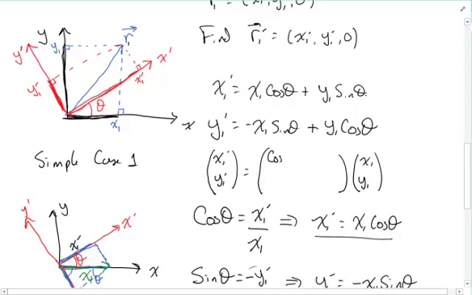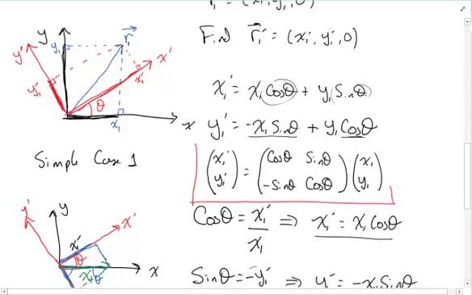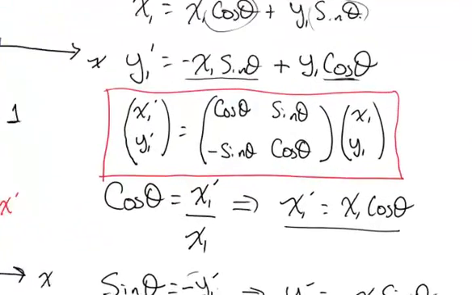So, cosine theta coming from right here. Then the next term will be a sine theta. This term down here is going to come from this guy, negative sine of theta. And then the lower right term is cosine theta. So this is my two-dimensional transformation matrix.